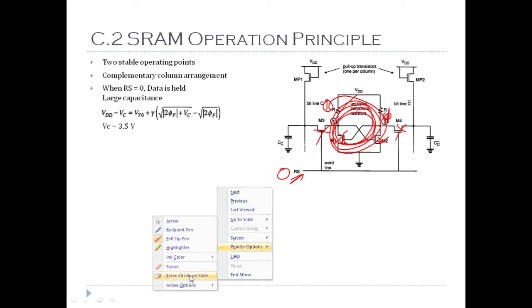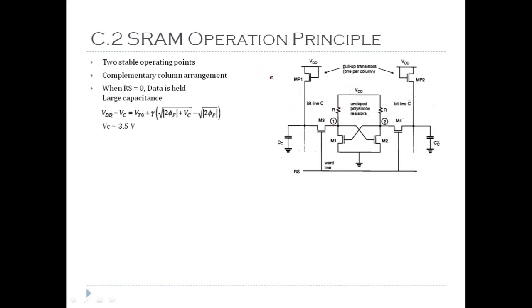Here we are interested in finding out the voltage at these column lines, VC and VC bar. Now we expect that the value to be VDD, but the value won't be VDD actually. It will be VDD minus VC. Here the value can be found out.